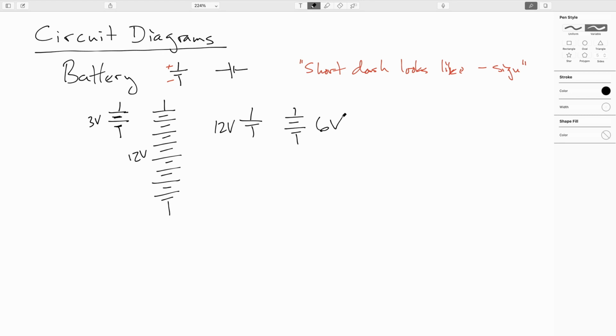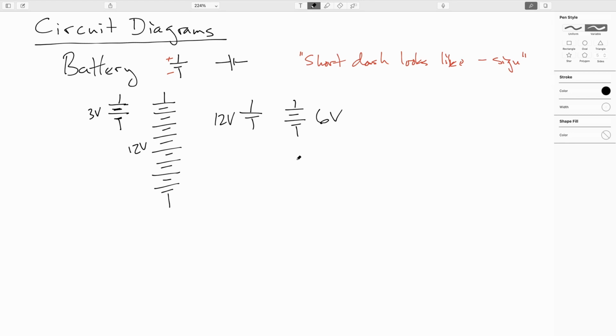You just write whatever the voltage is next to it. These two are going to be the most common. The reason that some people choose to still draw this is just to make it harder to confuse a battery with a capacitor.